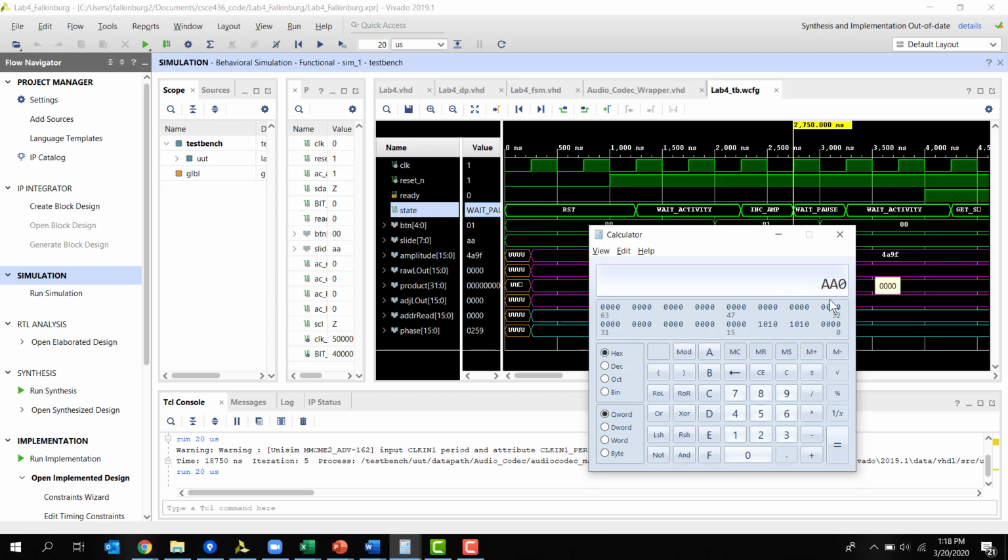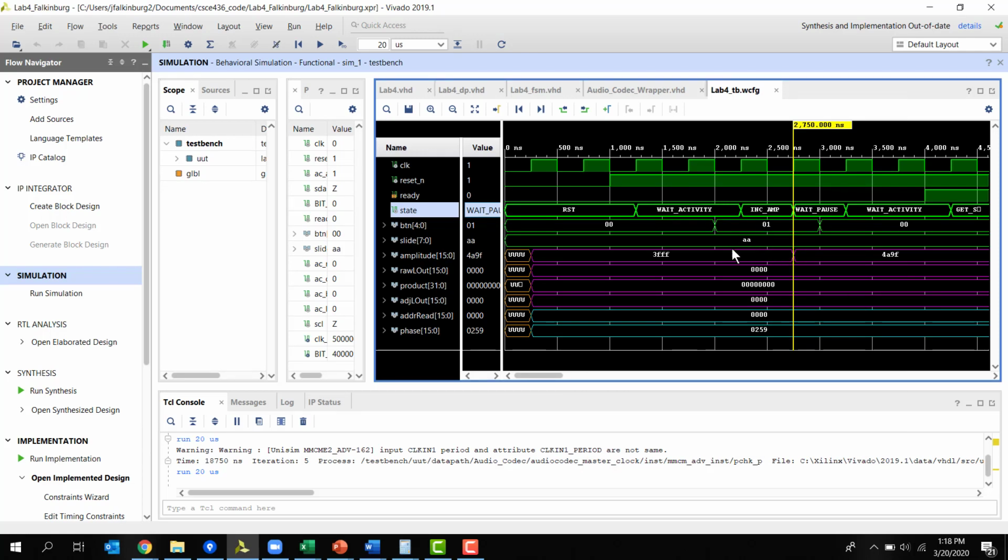You get A0. Notice I actually took these values on the slider switches and shifted them left by 4, so I put a nibble of 0 on the bottom of that just to increase the amplitude a little bit more. You'll figure out what value works for you to increase the amplitude, but not too much that it overflows the system.